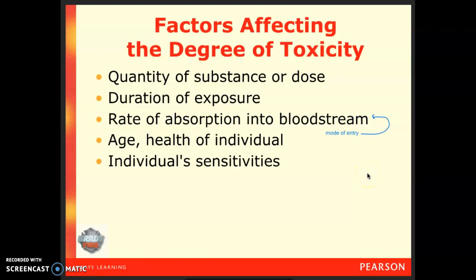We can also look at age and health, and sometimes how quickly your body is able to process toxins can have a significant impact. And then finally, just individual sensitivities. What are some things that might impact certain kinds of individuals but not others.